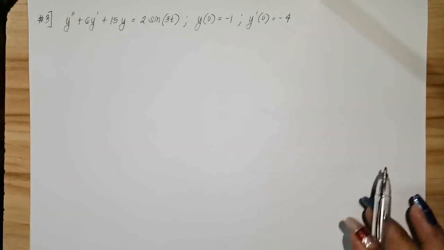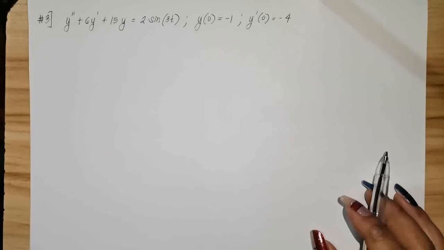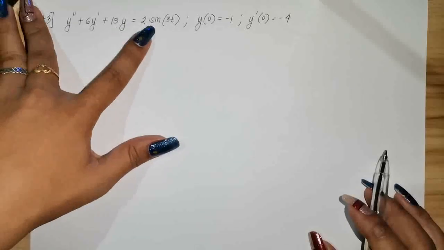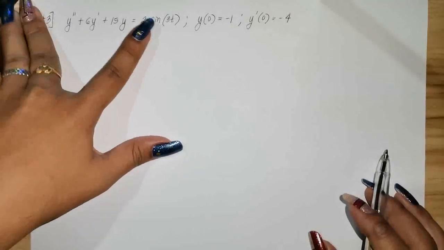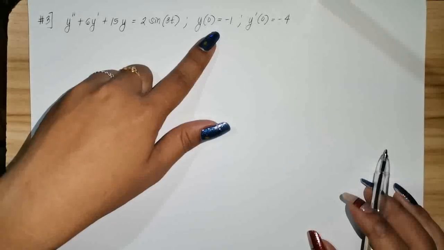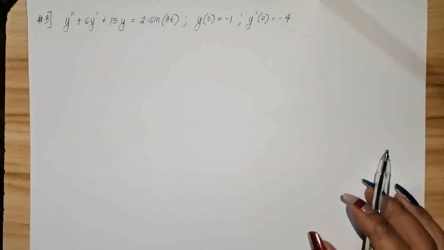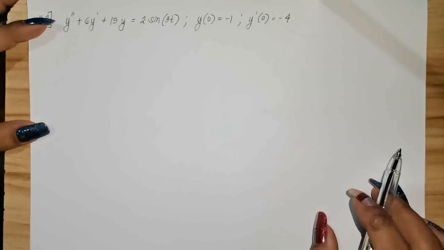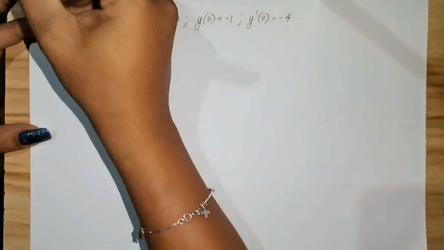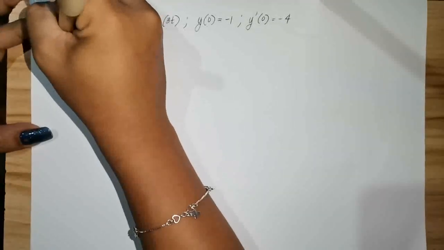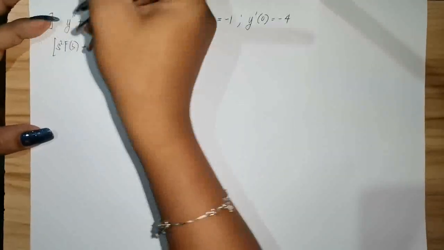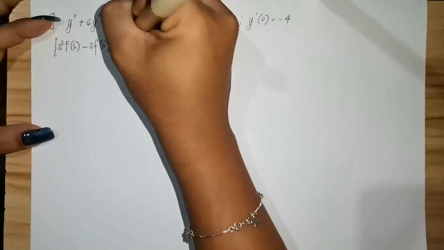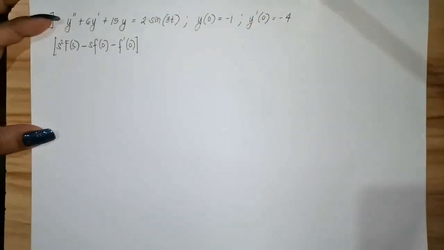Okay, for our last example, which is example number 3, that is y double prime plus 6y prime plus 15y equals 2 sine of 3t, wherein your y of 0 is negative 1, your y prime of 0 is negative 4. So again, using your shortcut formula, the Laplace of the second derivative is s squared multiplied to f of s minus s multiplied to f of 0 minus f prime of 0.